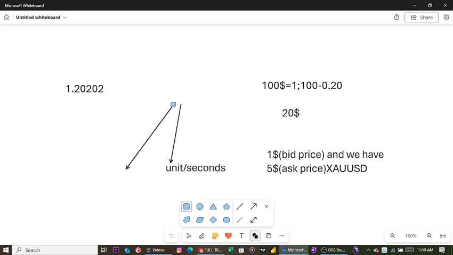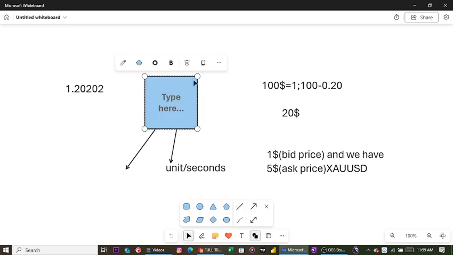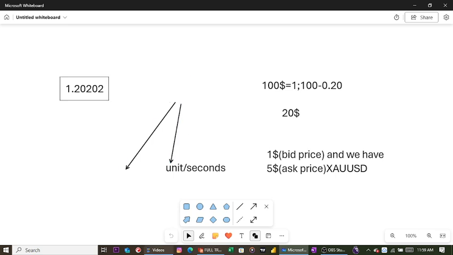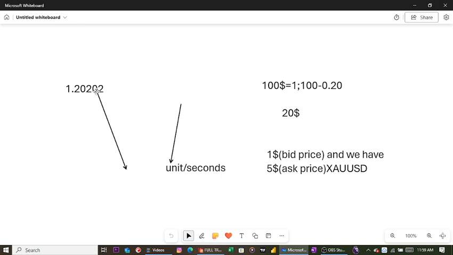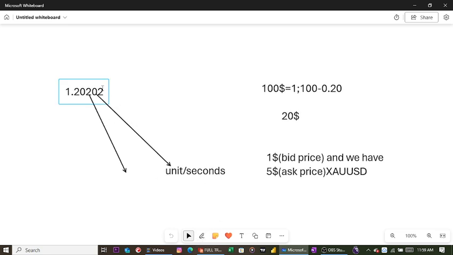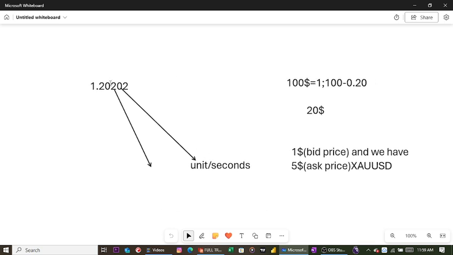I was taking, for example, this to be called seconds, and this to be called units. The pipette is not really valued. There's nothing we can do with this pipette. So what we are only counting is just the pips, which I classify as units or seconds.